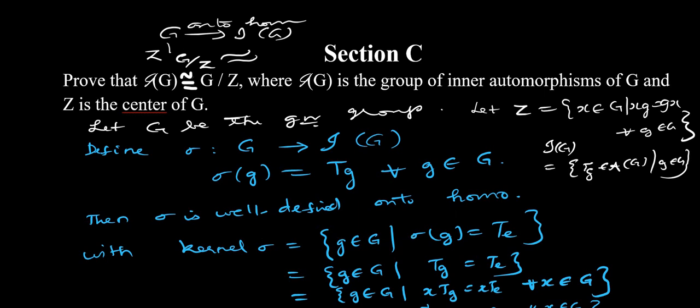So we can also see that for well defined, we'll have to consider two elements in the domain to be the same, say g equals g prime. Then this would imply that gx is equal to g prime x. We want to have g inverse, okay? So g inverse we'll consider.